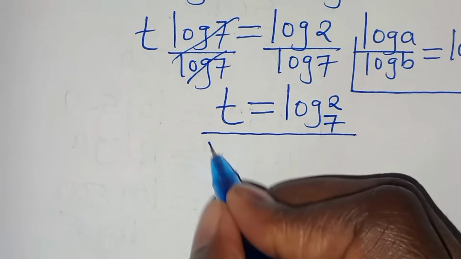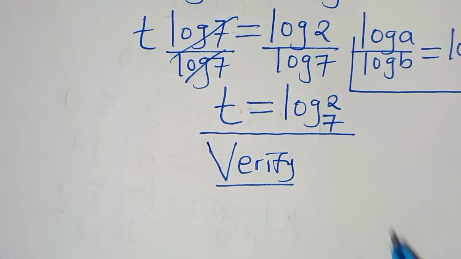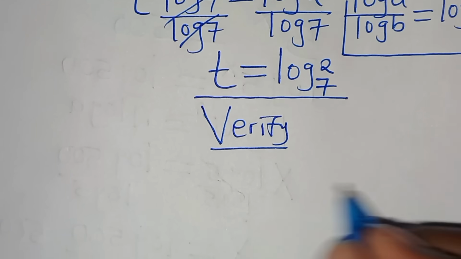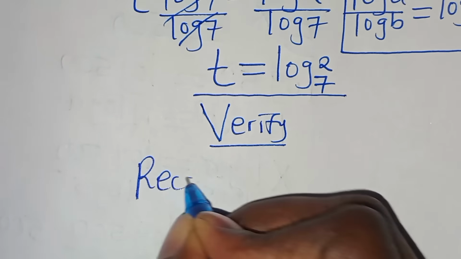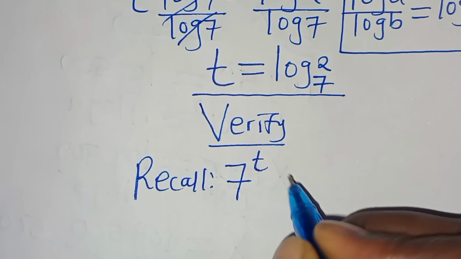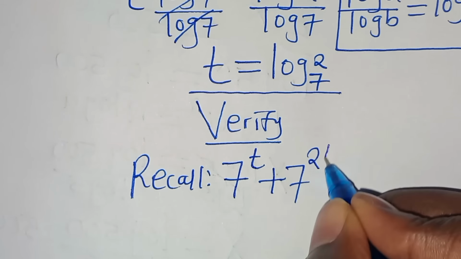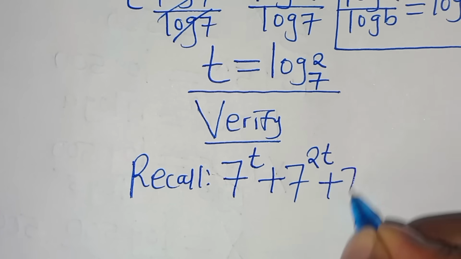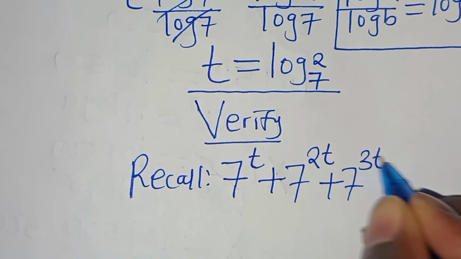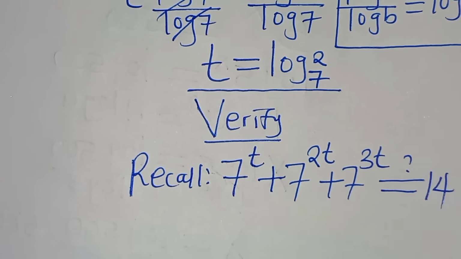The next step is to verify that this value of t satisfies the equation. Now again, if you recall, we have 7 to the power of t plus 7 to the power of 2t plus 7 to the power of 3t. This should give us a value of 14.